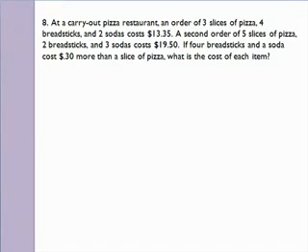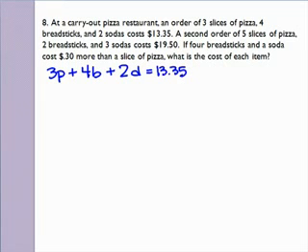So we're going to start with 3 slices of pizza plus 4 breadsticks plus 2 sodas. And I don't like S's, so I'm going to use D for drinks. Costs $13.35. And the second one is 5 pizzas plus 2 breadsticks plus 3 sodas, which is going to be a drink, equals $19.50.